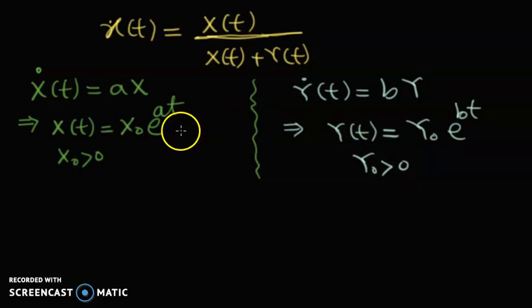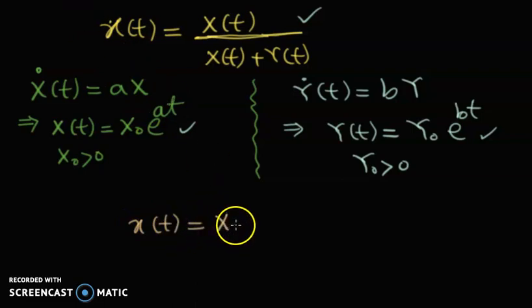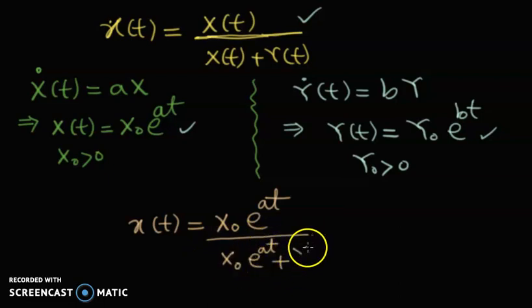Now I can substitute this value and this value over here and see what is going to happen to this x of t. So my x of t is equal to X naught times e to the at divided by X naught times e to the at plus Y naught times e to the bt.